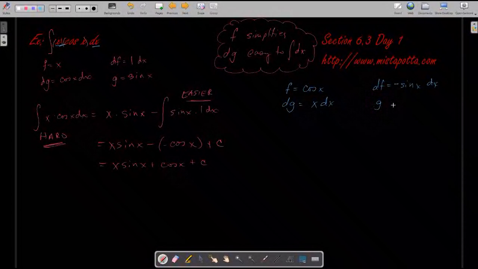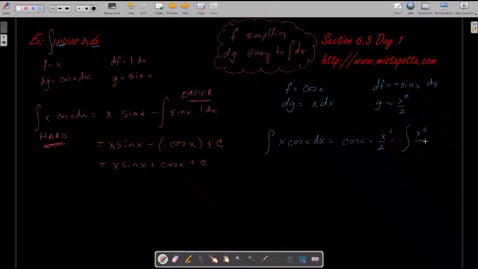And my integration by parts of the integral of x cosine x dx would give me f times g, cosine of x times x squared over 2, minus the integral of x squared over 2 times negative sine x dx.